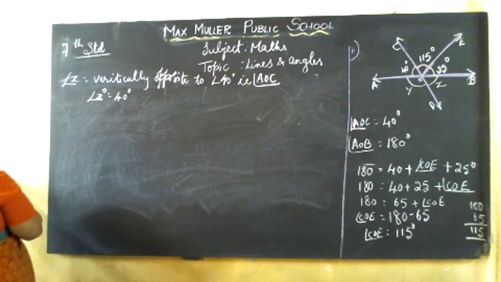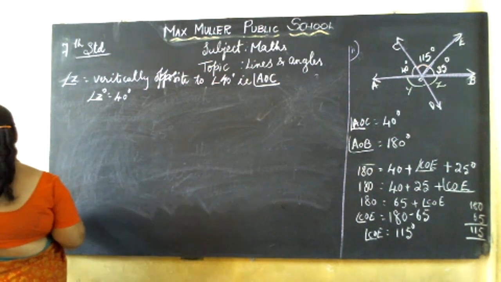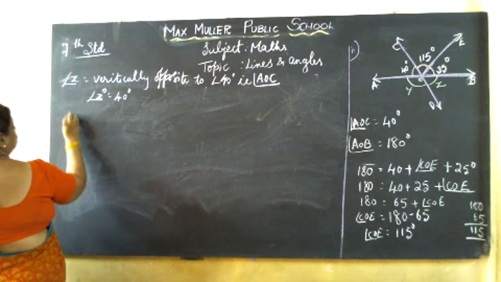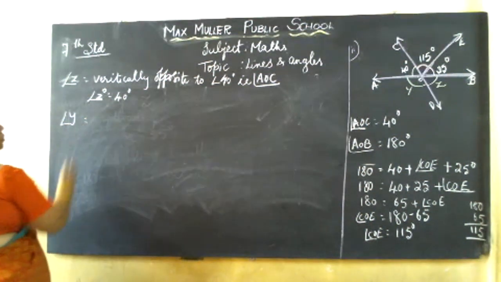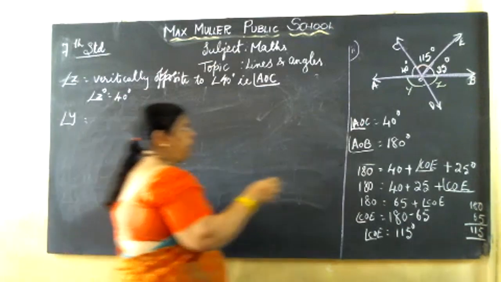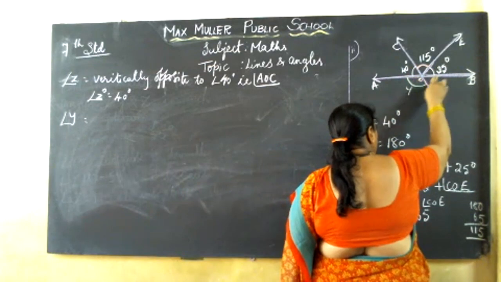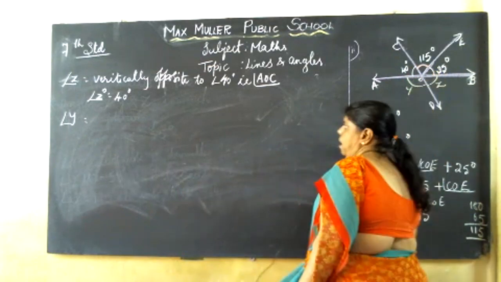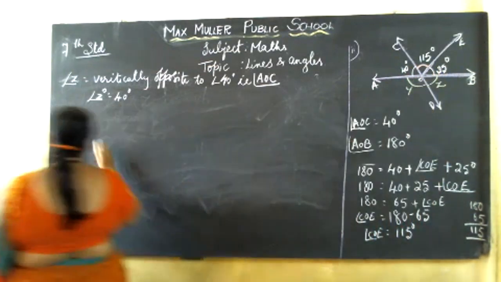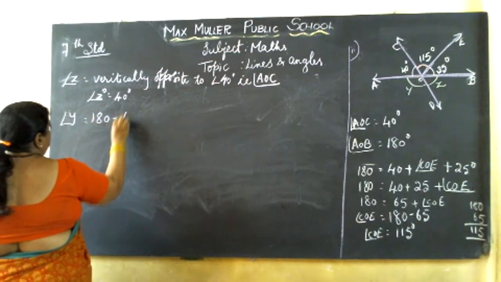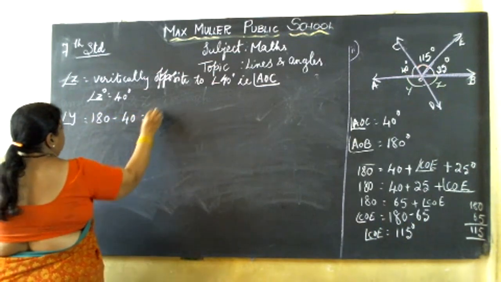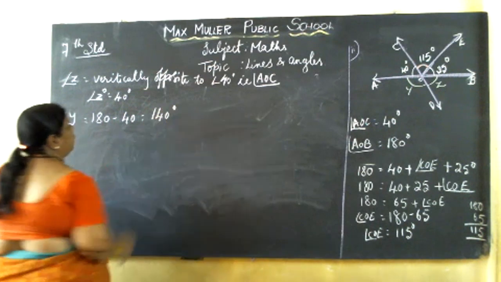Okay. So angle Y. Now when this is 180 degree, this is 180 degree, so this also will be 180 degree. So angle Y is equal to 180 minus 40 degree, so 140 degree.